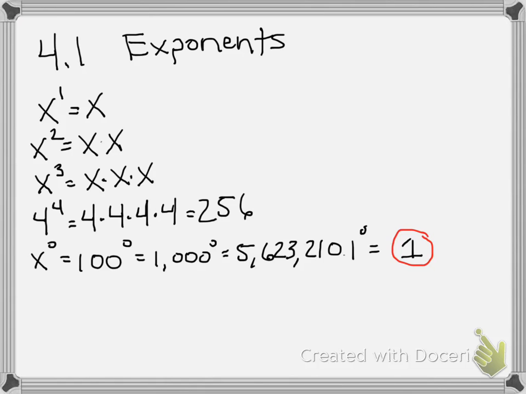We say that 0 raised to the 0th power is undefined. It's not really meaningful, so we'll ignore that case. But any other number, as long as it's not 0, raised to the 0th power is equal to 1. It doesn't matter whether it's negative, a fraction, a huge number, all of that raised to the 0 power is just equal to 1.